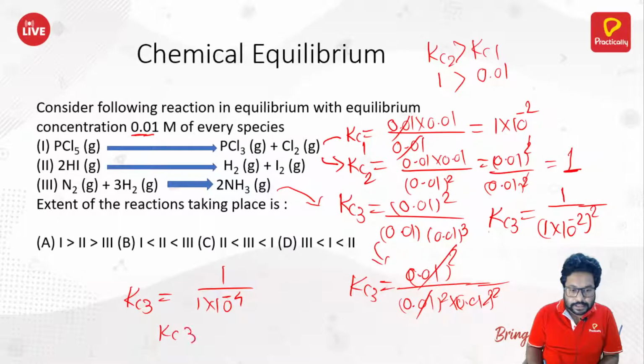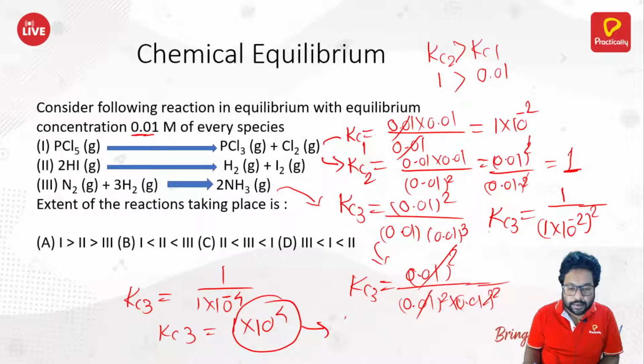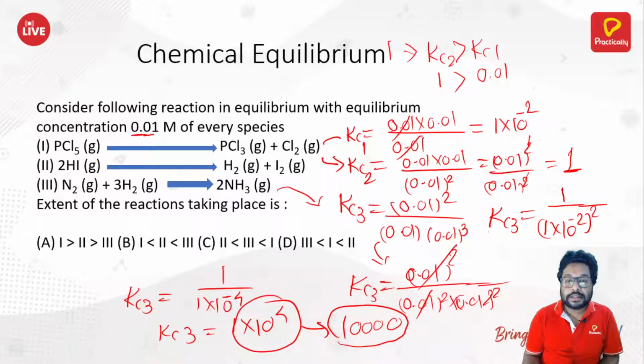Therefore, Kc3 is equal to 1 into 10 raised to plus 4, that is 10,000.